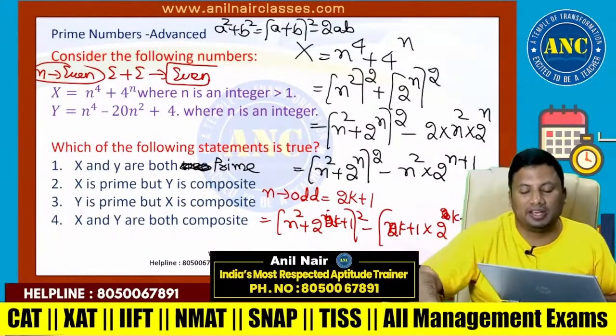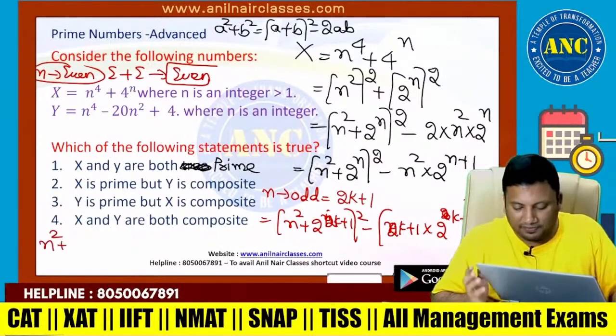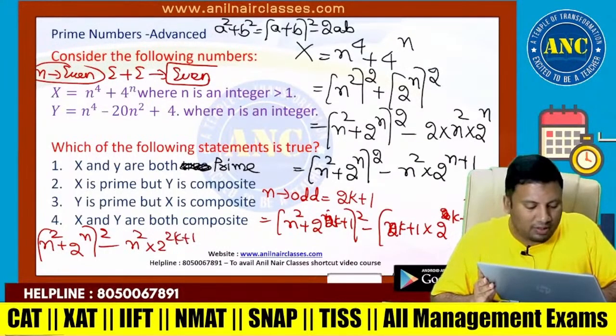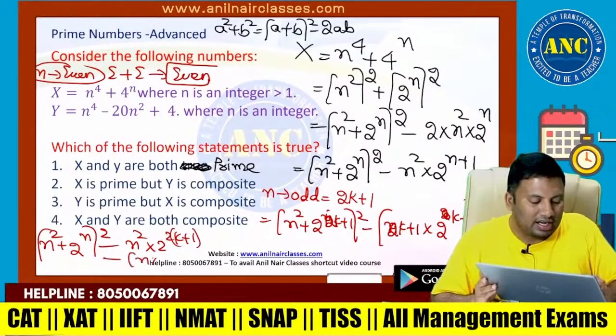Are you all with me? I hope this idea is clear. N square plus 2 power n whole square, just n is replaced by 2k plus 1. That is n square into 2 power (2k plus 2), which is 2 into (k plus 1). These are (n into 2 power (k plus 1)) whole square.